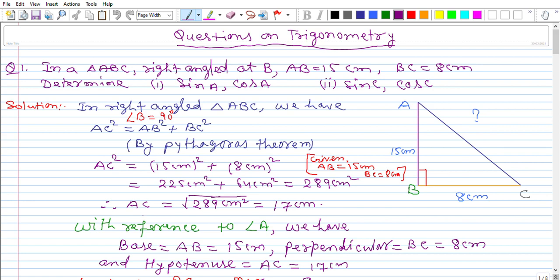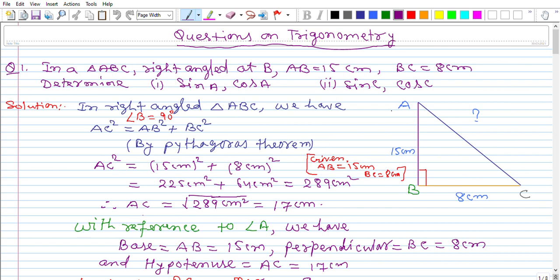By Pythagoras theorem, AC square, AB equal to 15 centimeter square plus 8 centimeter square, equal to 225 centimeter square plus 64 centimeter square. Its total sum is 289 centimeter square. AC square we get 289 centimeter square. If we find the AC length, square goes to the right hand side and becomes root. So square root of 289 is 17 centimeter.